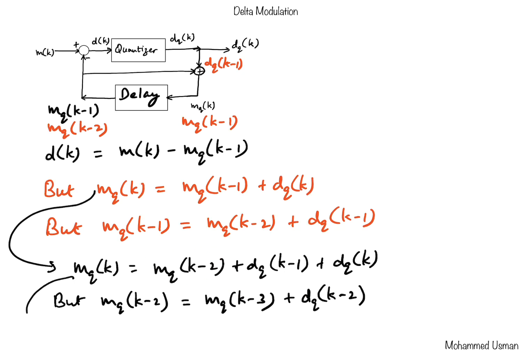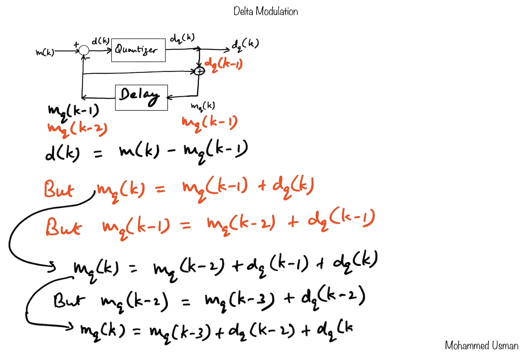So therefore mq[k] will now become mq[k-2], which is equal to this term over here. So that will be mq[k-3] plus dq[k-2] plus dq[k-1] plus dq[k].